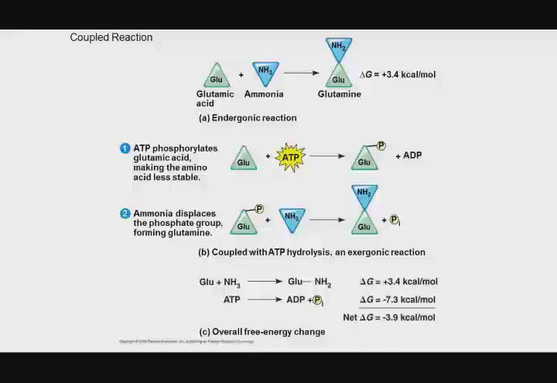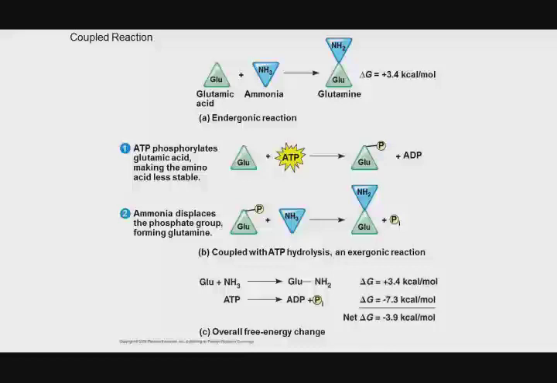So ATP is going to hydrolyze that phosphate group, but in this case it's going to attach it to the glutamic acid. So now I have a phosphorylated glutamic acid plus ADP. Now that has a lot of free energy. Enough, in fact, that when I now combine the phosphorylated glutamic acid with the ammonia, I have a spontaneous reaction occurring.